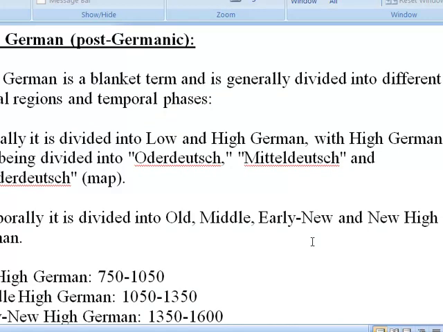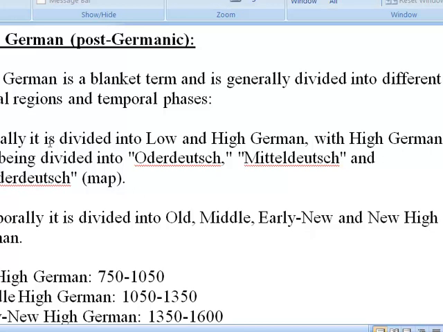Okay, so that was the first sound shift. Our next move is to look at what's called High German. And this is where English really becomes differentiated from German, because as we'll see, English is actually a dialect of Low German as opposed to High German. High German is a blanket term, and it's generally divided into different regions and also time periods.